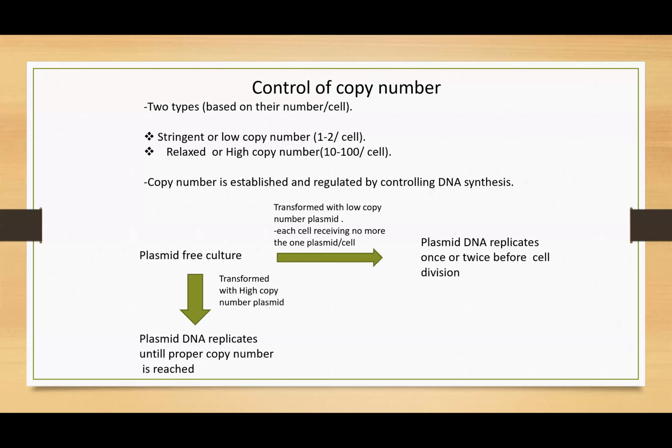Now, the number of these plasmids in a cell, as we know today, is regulated by controlling DNA synthesis. So DNA replication is the key for maintaining a particular number for a plasmid in a cell.